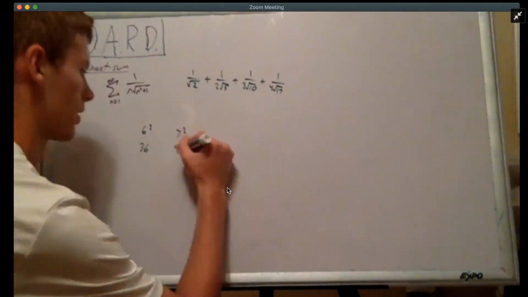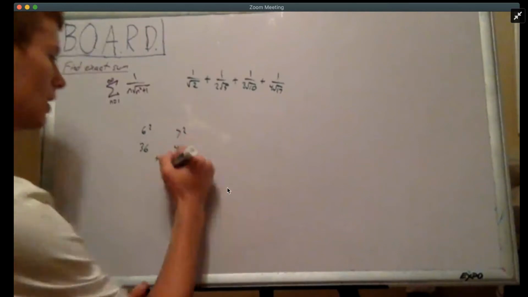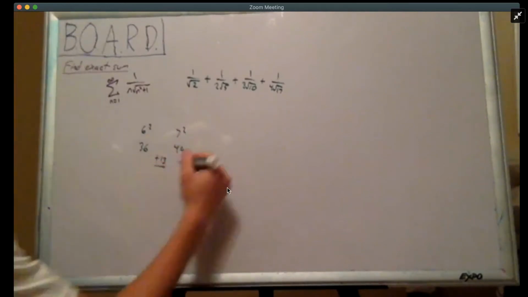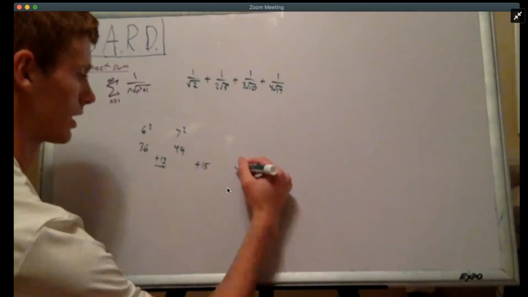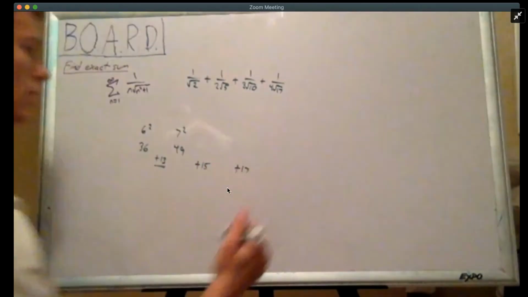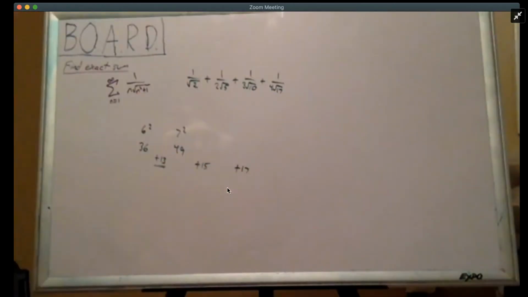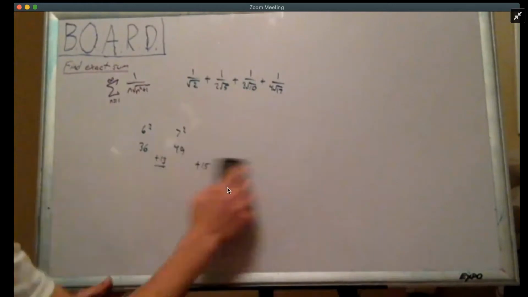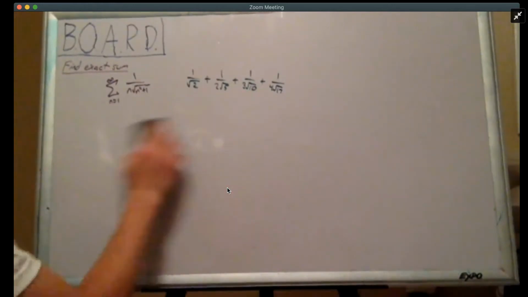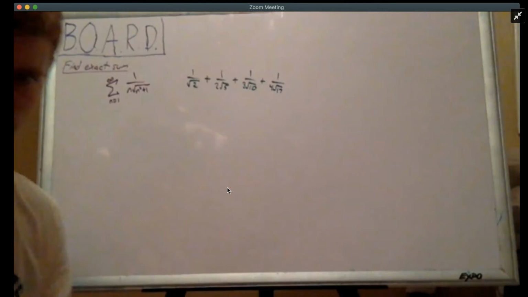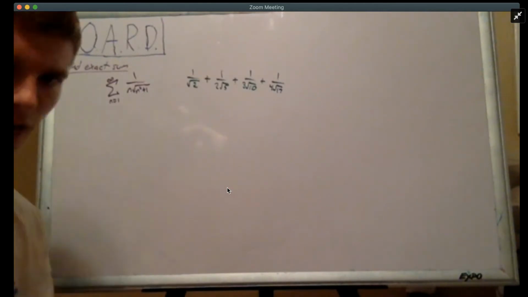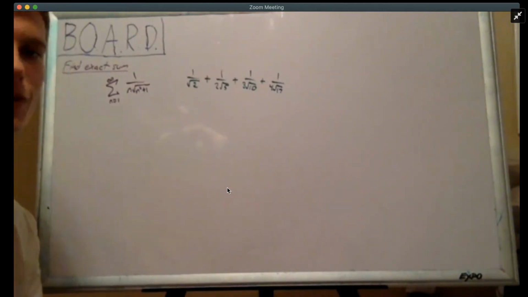For 9, you need 13 here. And this number in between just keeps getting bigger. It's going to be plus 15 here, plus 17 here. And it's never going to be 1, so we're never going to get out of that square root, which is unfortunate. So finding the exact sum, I honestly don't know how to do that.